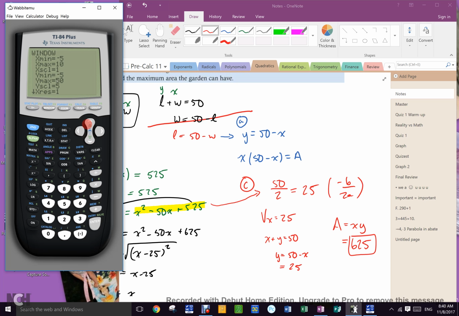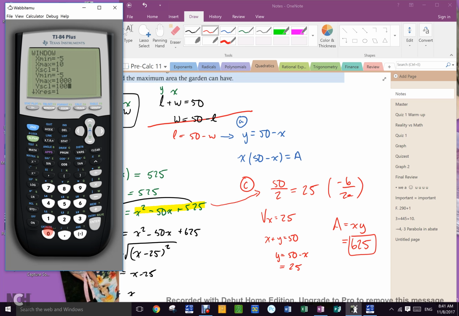What do you want to go up to? We know 525 is part of it. What should we go up to? Does it matter? No. Let's try 1,000. And our scale, if we make it 100, that'll mean there's how many ticks? 10. Now, we know our x's can go up to a maximum of 49, right?